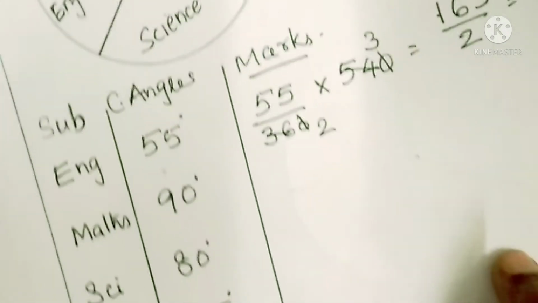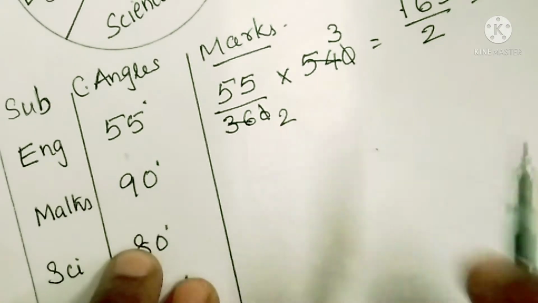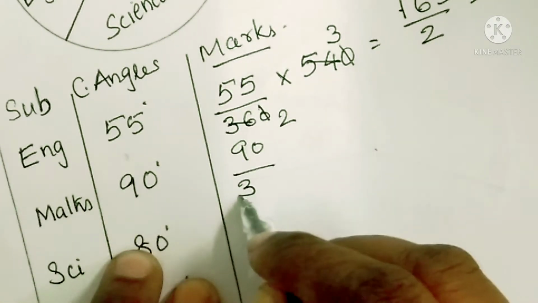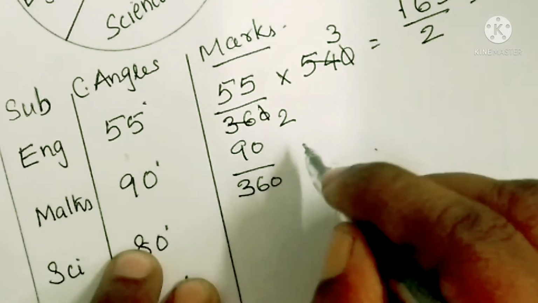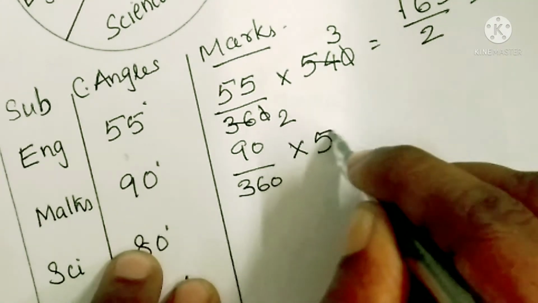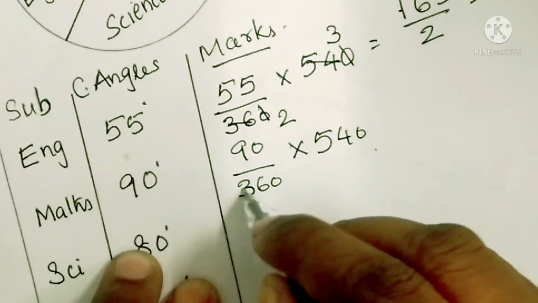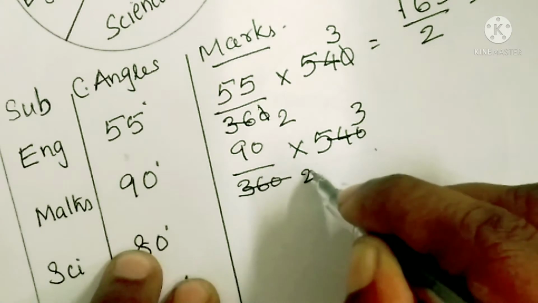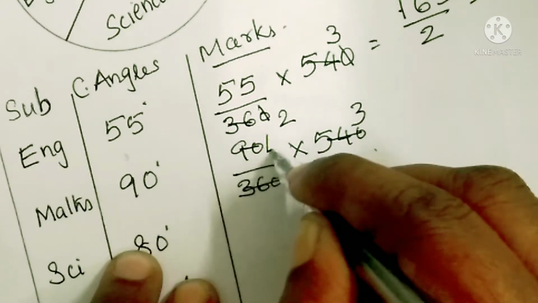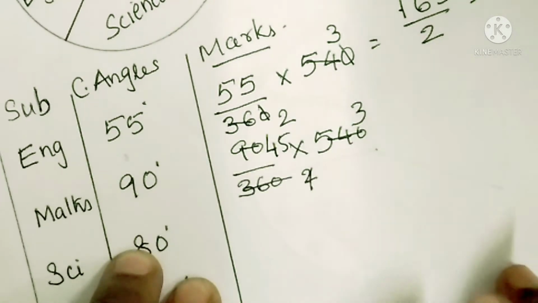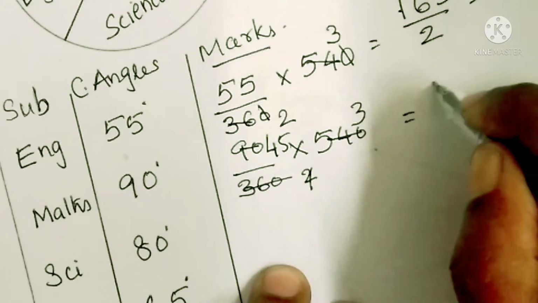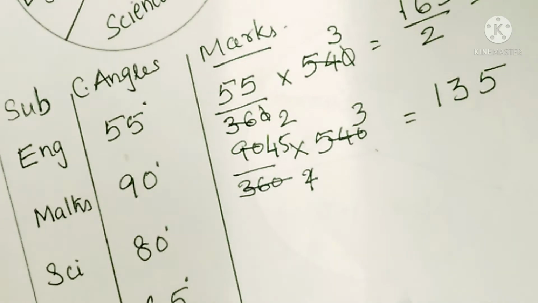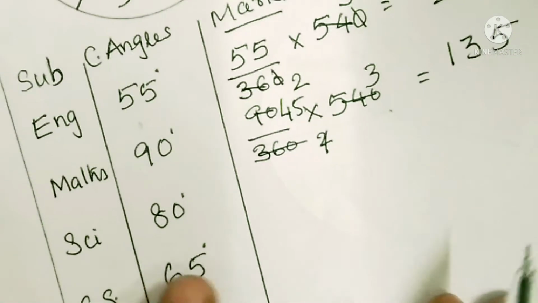Now let us see the next one, that is 90 upon 360 multiplied by 540. Again this 2 will get cancelled, 3 and 2, and 2 gets cancelled with 90, 45 times. 45 3s are 135 marks. In maths, the child got 135 marks.